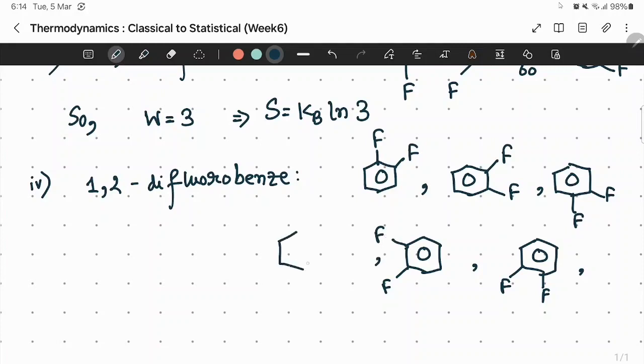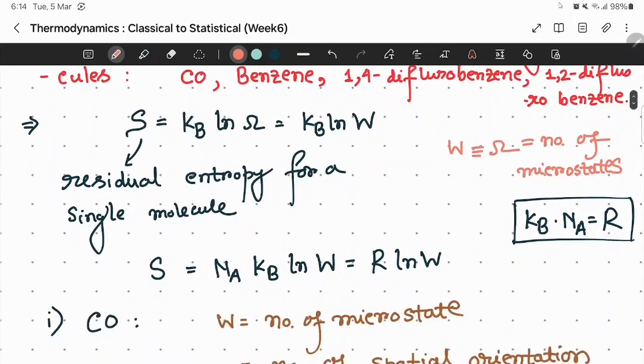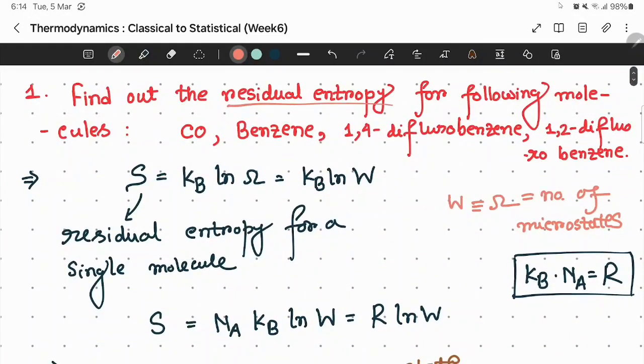Again if you rotate, this. Now if you rotate again, it will be this. So eventually there will be 6 distinct spatial orientations. So now W will be 6 and S will be k_B ln 6. In this way we have to find out the residual entropy.